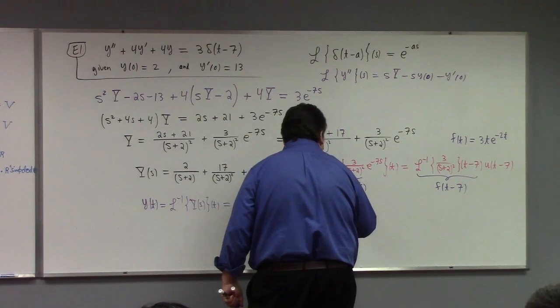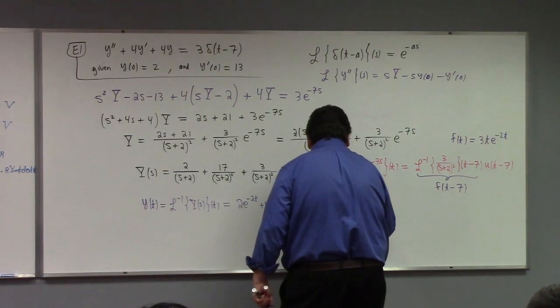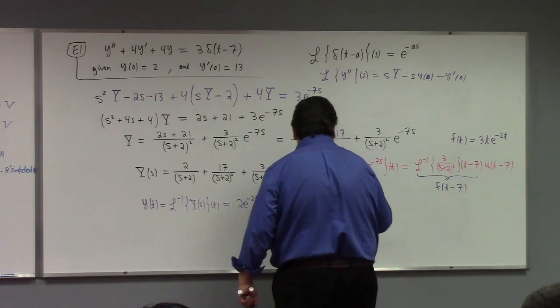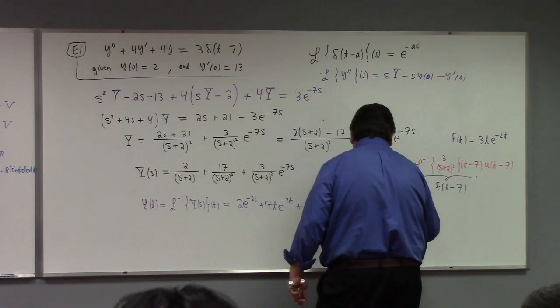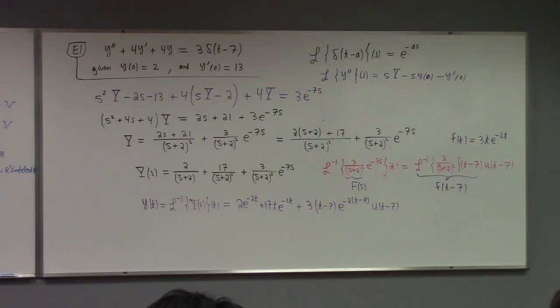Now I got to replace t with t minus 7. So 3 times (t minus 7) e to the minus twice, again, replace t with t minus 7. And then finish this off with a unit step function like that. And there you go. That is the solution.